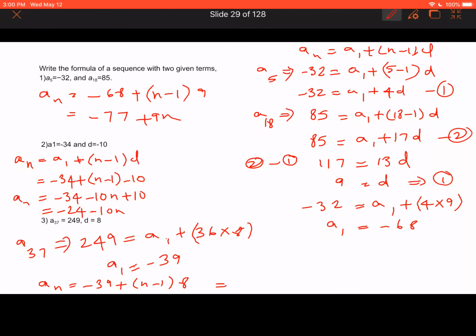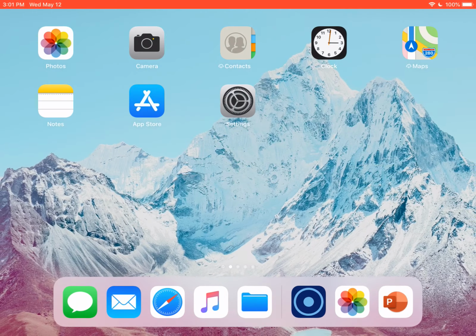It is going to be minus 47 plus 8n. Okay, so this is the way we just use the terms that are given and we can derive the formula, right? Once we know the formula, it's very easy for us to write the values of the unknown sequence. Okay, let's now continue with the problem.